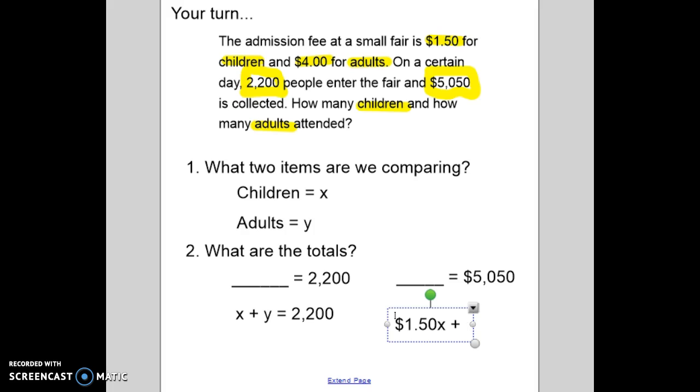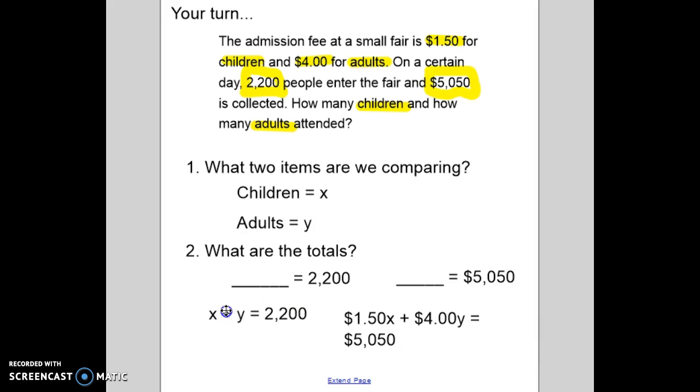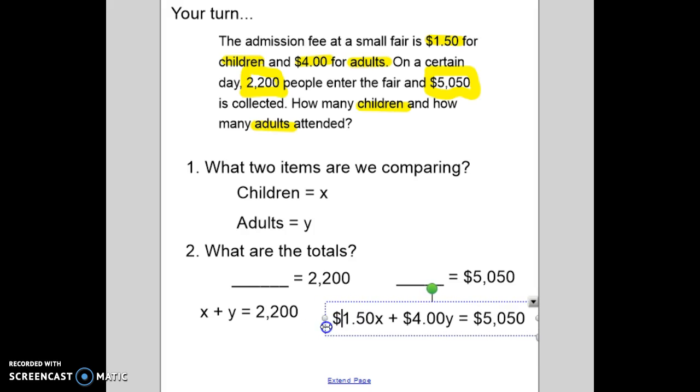Added to the cost of adult tickets, which is $4, for the number of adults, which is Y. So here's the start of my equation, and I'm going to total that to my cost, which the problem has told me is $5,050. So here I have two equations set up that compare the cost of children tickets to the cost of adult tickets.